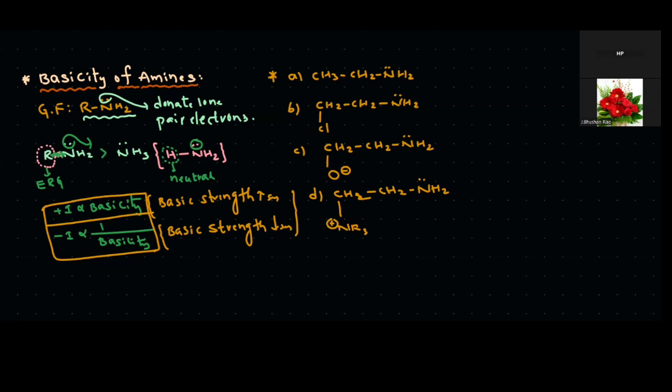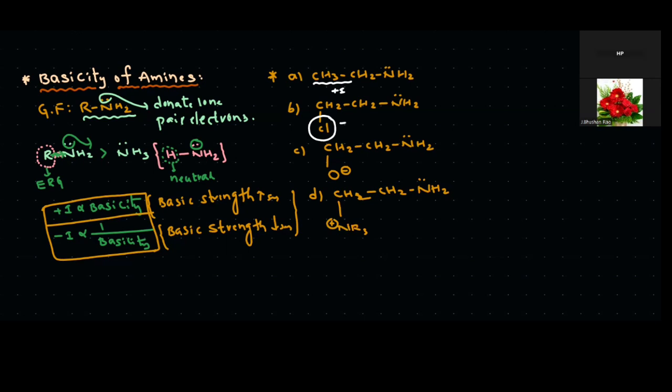In these amines, let us identify the groups. The alkyl group, CH3, is a plus I group. In the second option, chlorine attached to the same ethylamine group is a minus I group.